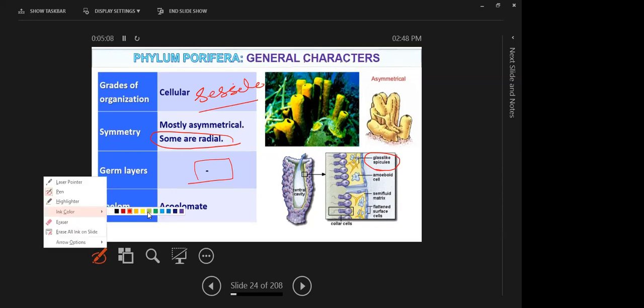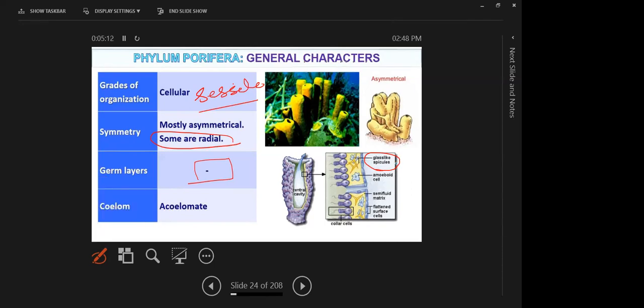Can you see the names of these exoskeleton there? Yeah, so they are spicules. And these are amoeboid cells. Their pore-bearing bodies. Throughout the body, there are pores.